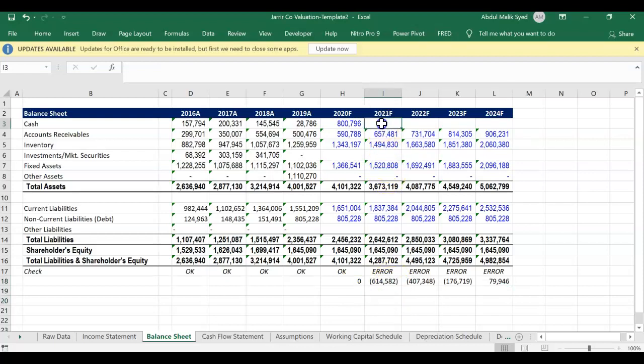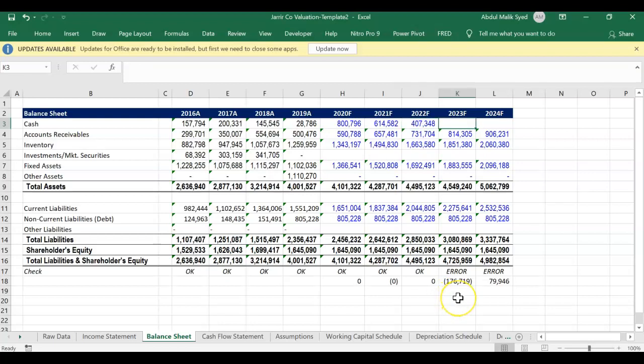So this will be 614582. And then here we have 407348.